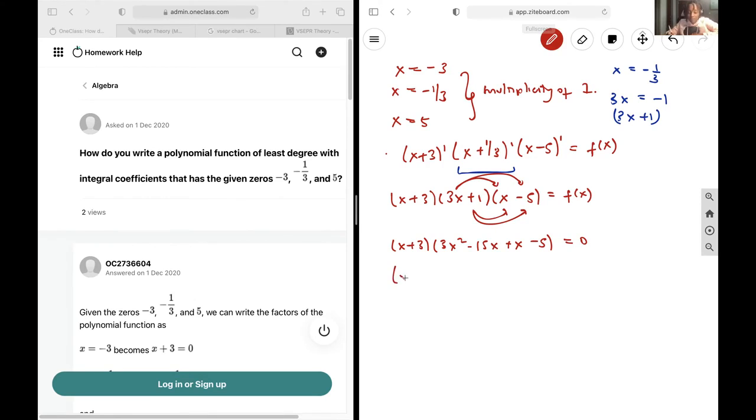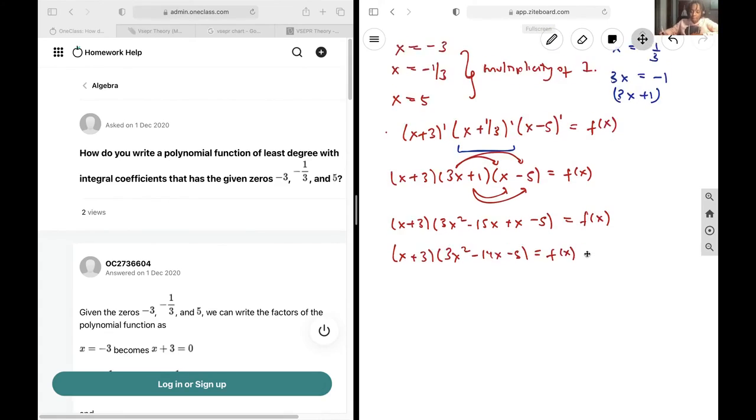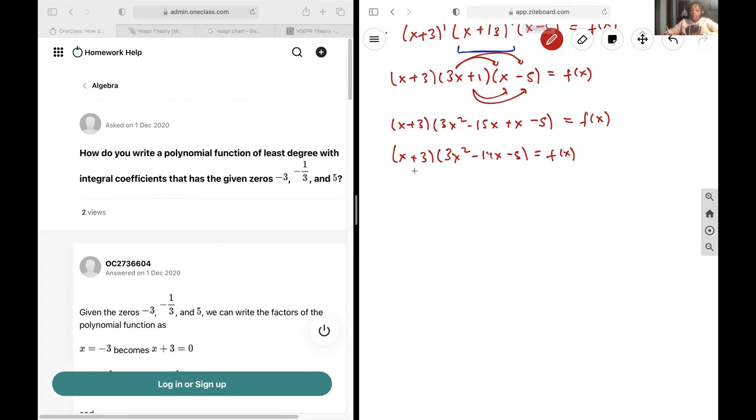Let's simplify that. Okay. And then again, we want to FOIL. So x by all of them, followed by 3 by all of them.